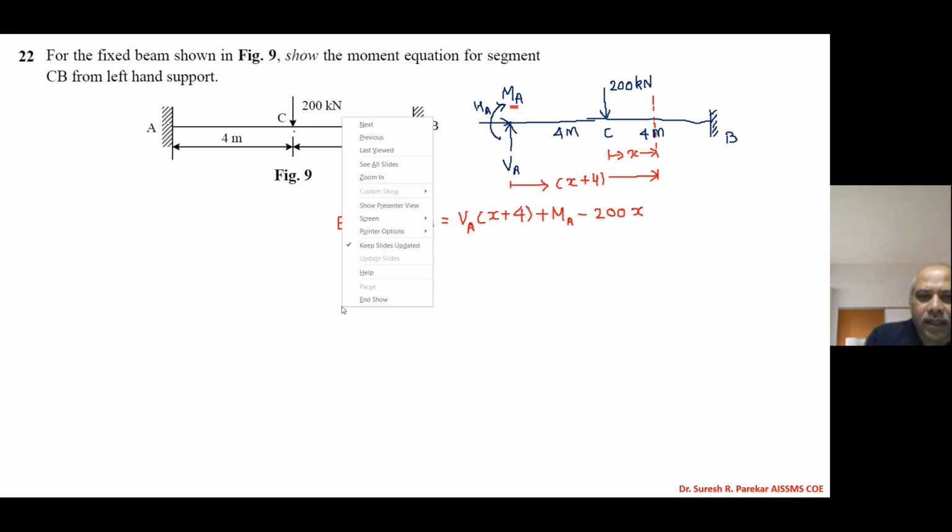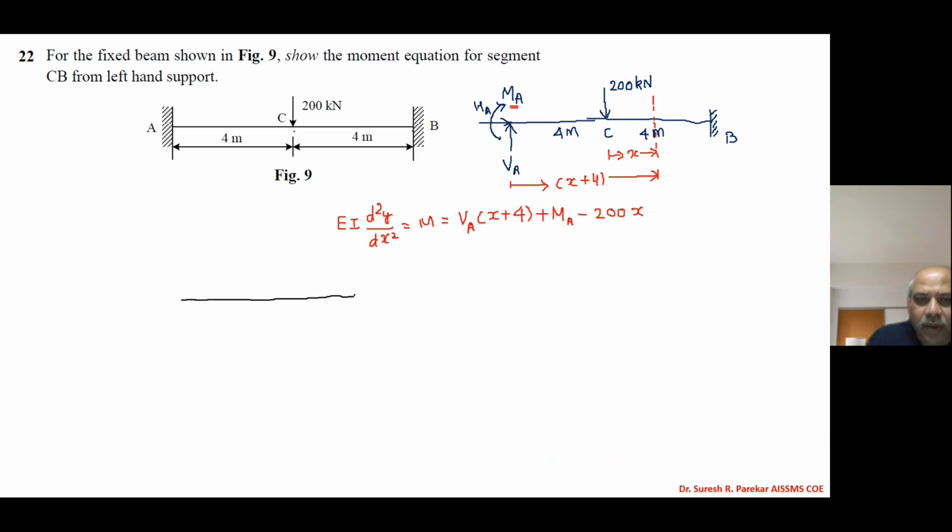Now what may happen? Someone may consider that whatever value of MA, that is not essentially clockwise. So you can have another choice. You can consider it anti-clockwise because we should not confuse why we have taken this MA as clockwise. So that is my choice. We do not know the values, and we are also not interested to calculate values.